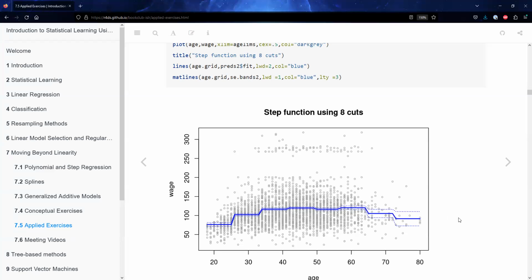Why do you think that most of the layers are concentrated in the range? It seems like 30 to 60. Yes, we are probably getting more cuts where we have many more data points, where we have what mathematicians might call adaptability.